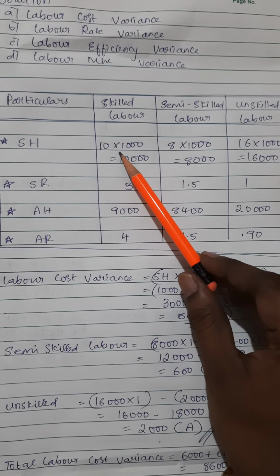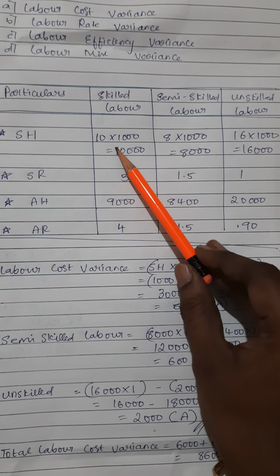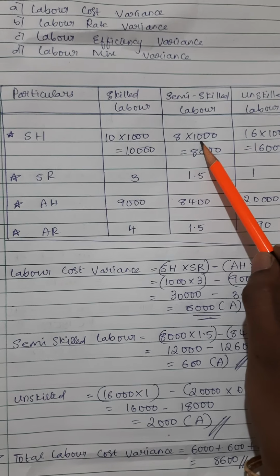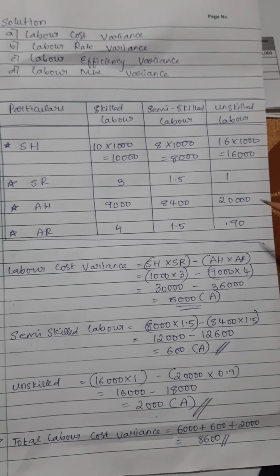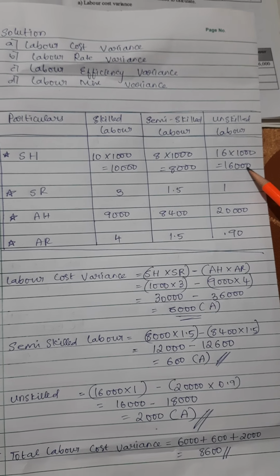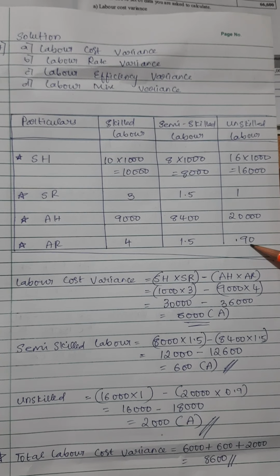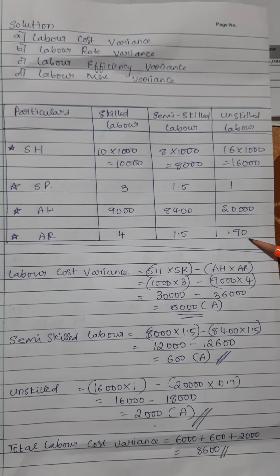So the hours will be 10 into 1000, 8 into 1000, 16 into 1000. So it's going to be 10,000, 8,000 and 16,000. This is standard hour. Standard rate, actual hour, actual rate are given in the question, so I have just copied down the same values.